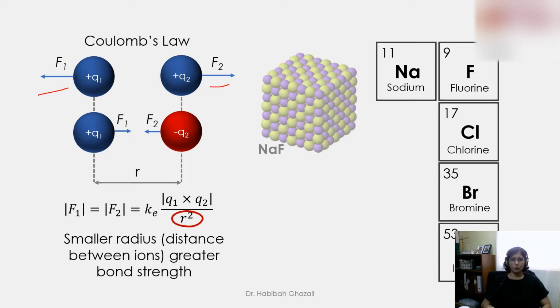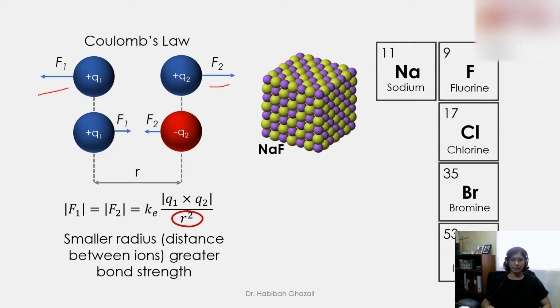So if you look at this diagram, this is sodium fluoride. Here the purple color is still the sodium. What you can see is that fluorine has a smaller radius compared to chlorine.